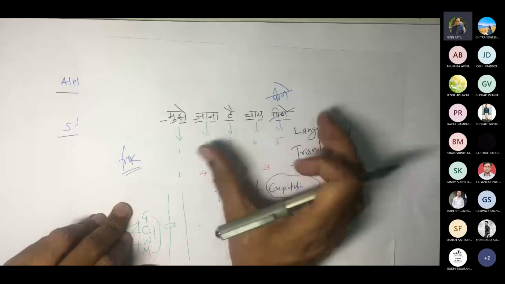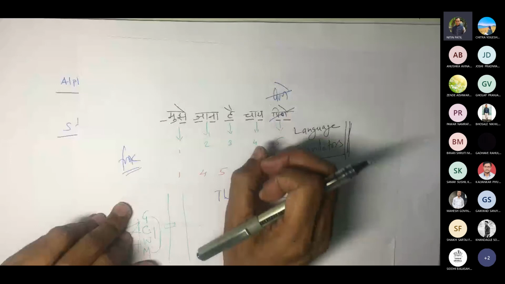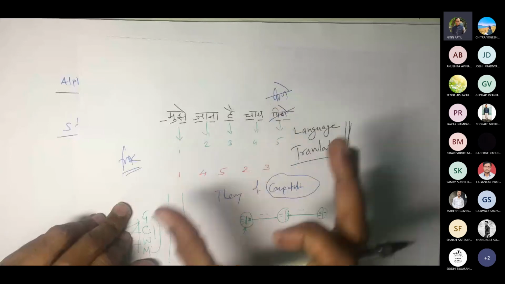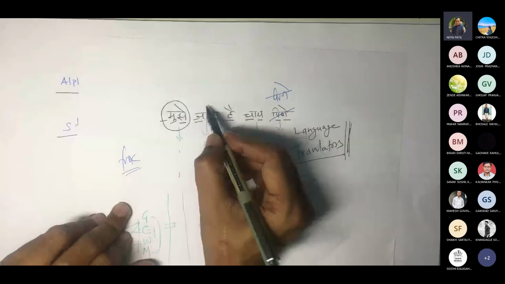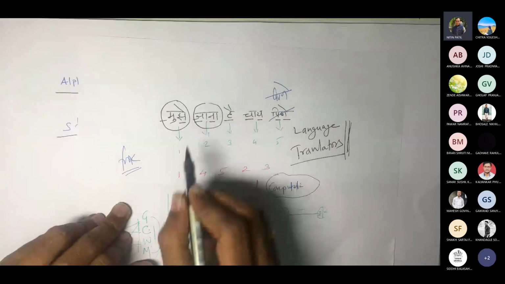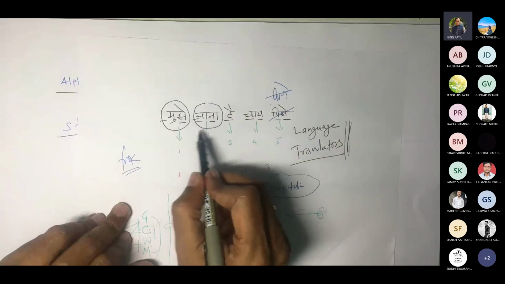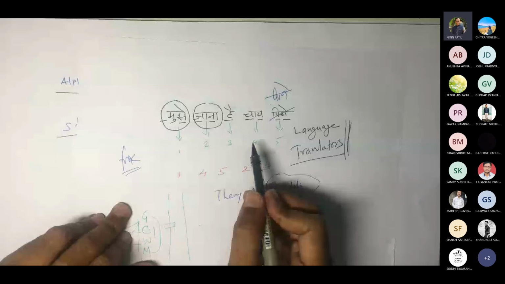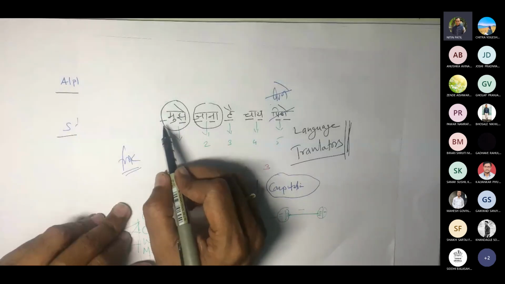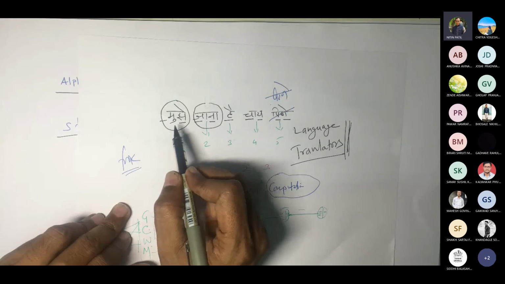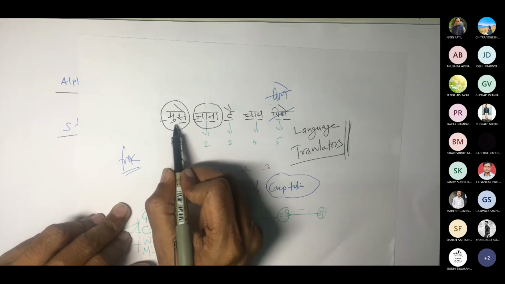We applied some operations or processing there, and we came up with the word mujhe, then next we came up with jana. So we formed these strings, formed by concatenating the available characters.